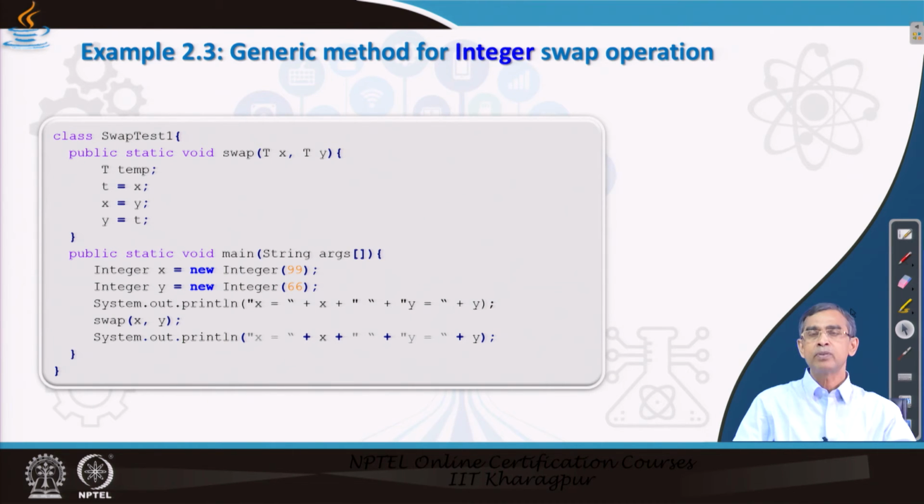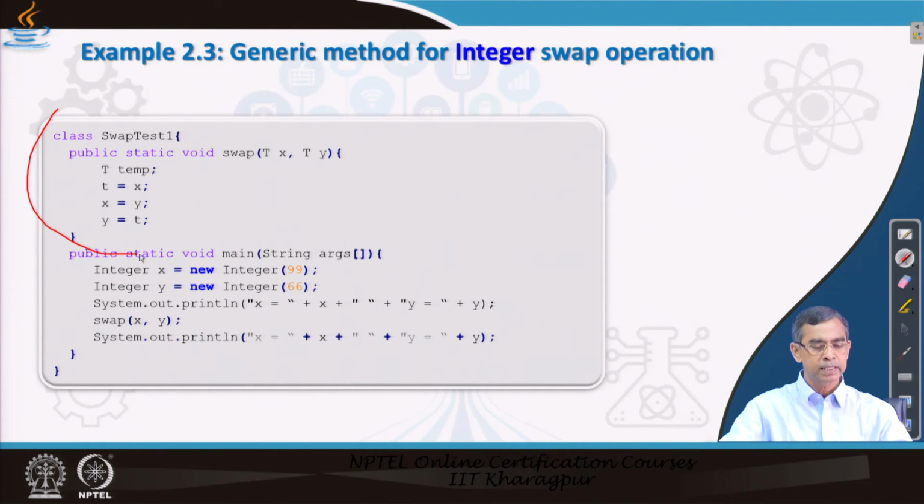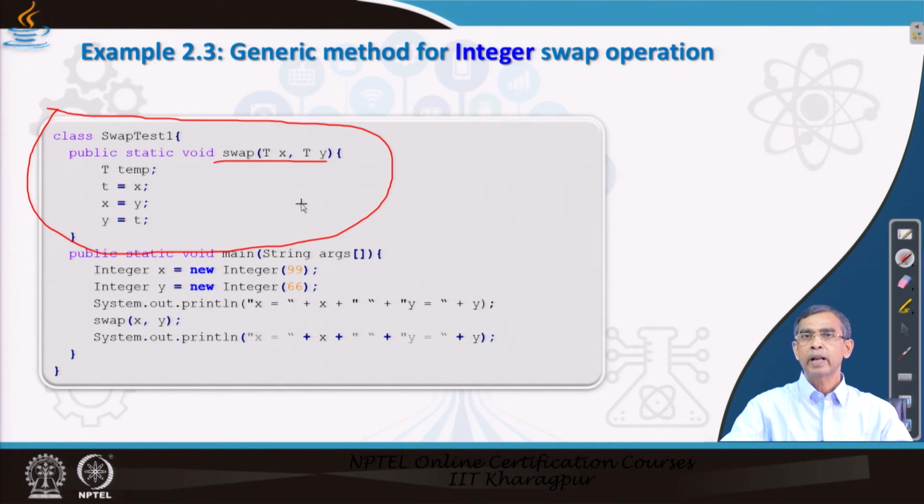Now, here I just want to give another quick recapitulation of the swap operation for different values. We can define the swap method generically. So, this is the generic declaration of the method swap, and once I do it then I can call this swap method for any type of value.